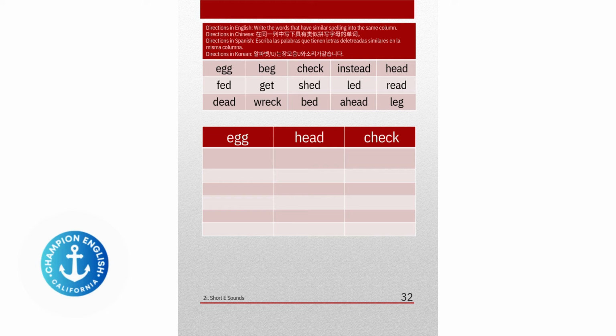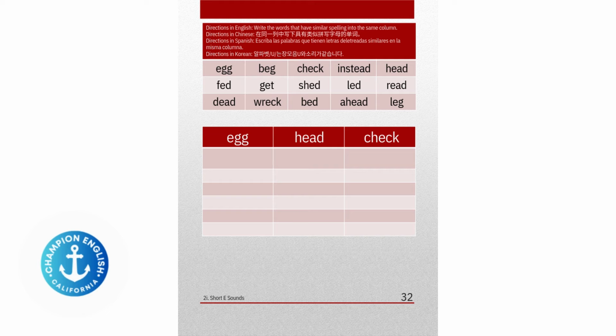Can everyone say check? Check. That's right. Okay, so go ahead and sound out the words and be sure to write them in each column. I'm going to give you 30 seconds.